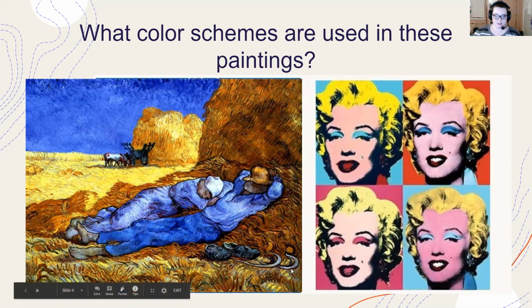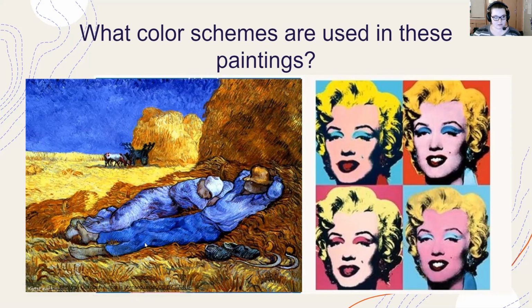I got an answer in the chat. A lot of the answers. Yeah, it is blue and orange. Those two complementary colors together. You can see it all throughout this painting. Even down here at the bottom, it's a green tint, but you can tell that there's blue in that green.